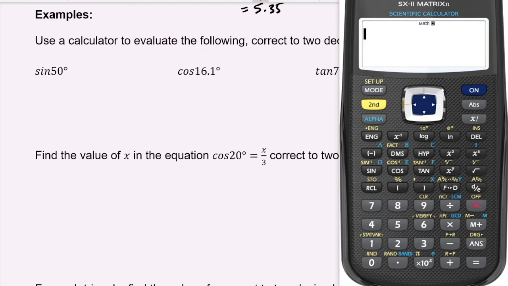I want to hit sine, 50 for our 50, close off my brackets. Now I can use a degree sign if I need to. Don't really need to for this one. I'm going to hit the equal sign, and you can see there I get 0.76604.